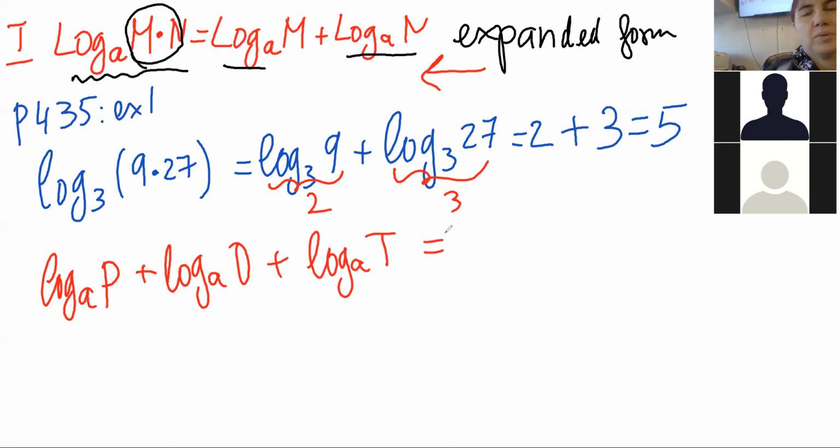Okay, so what would this be? So combine them. We need to go backwards. Instead of expanding, you need to condense this. So what would this equal to? Anybody?